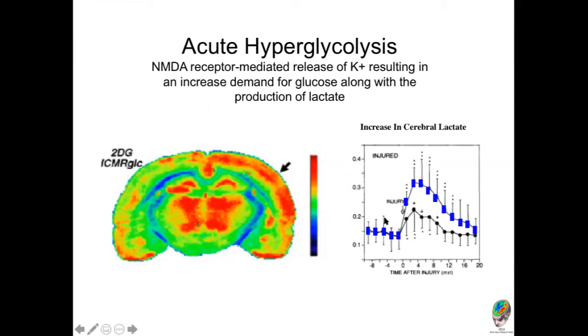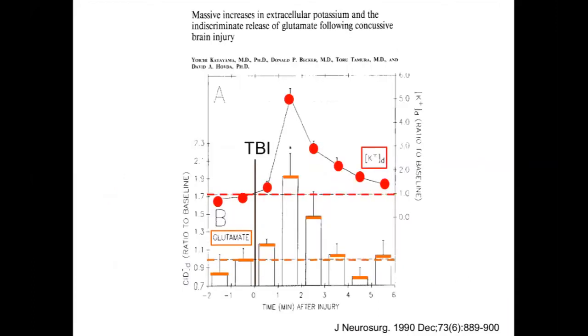by using intracerebral microdialysis. Why does the brain need to use that much glucose? Because here it requires energy. And it's clear now, we know that after the injury here, you see that the depolarization causes a massive release of potassium, the red circles, within the extracellular space.